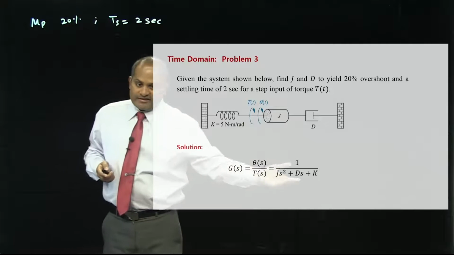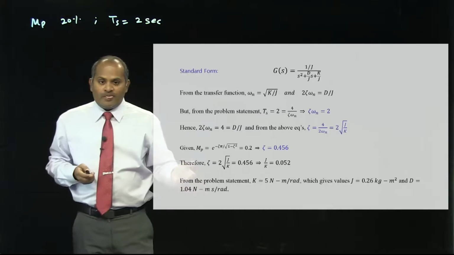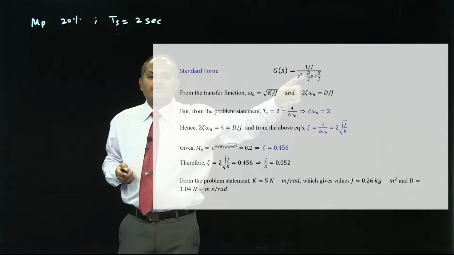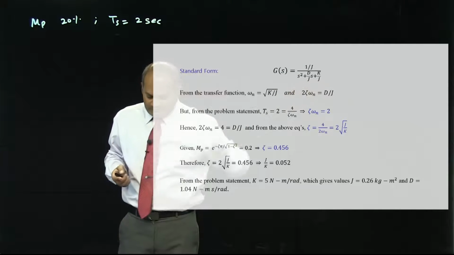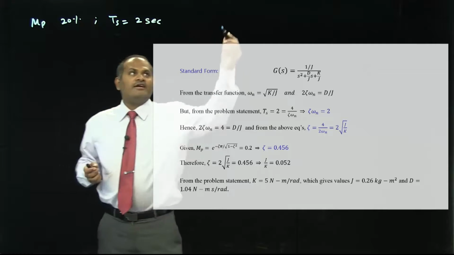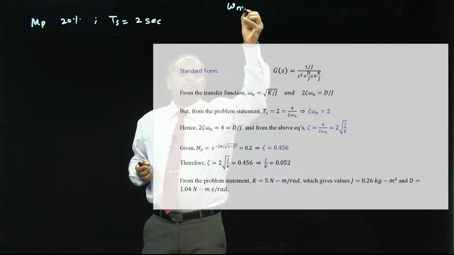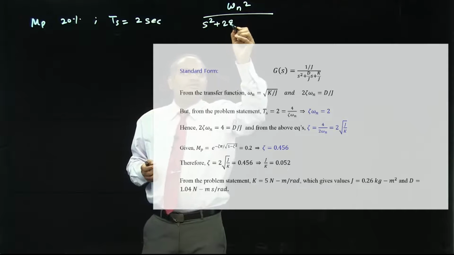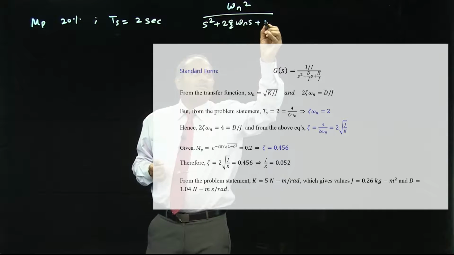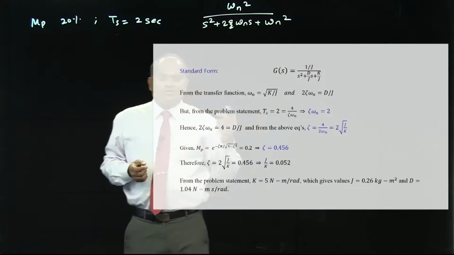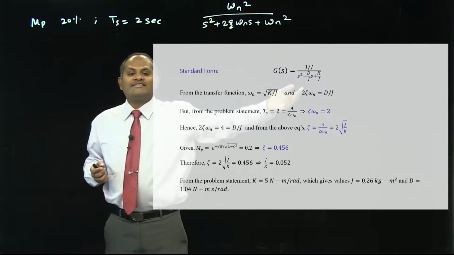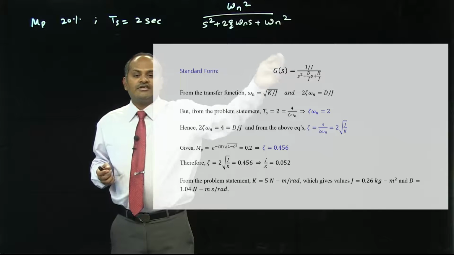So, now take this system and convert it into the standard form, omega n square by s square plus 2 eta omega n s plus omega n square. We need to now compare the system with the standard second order system.